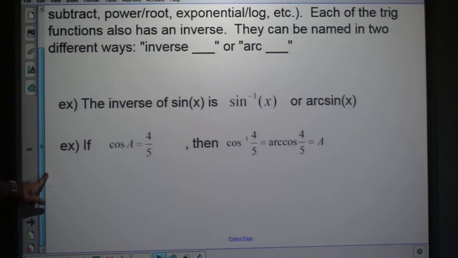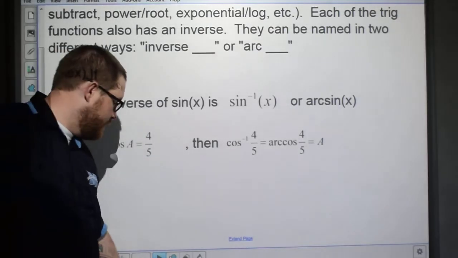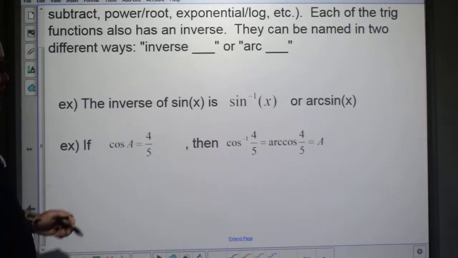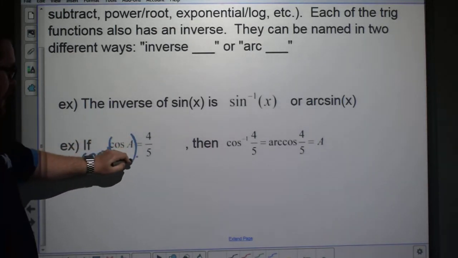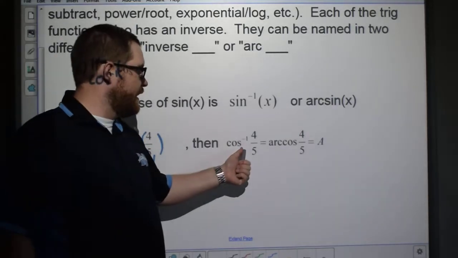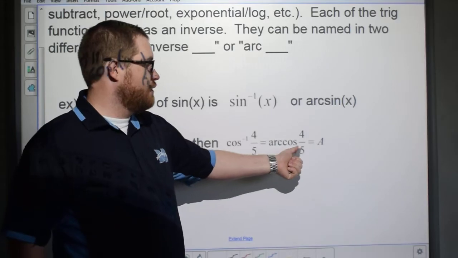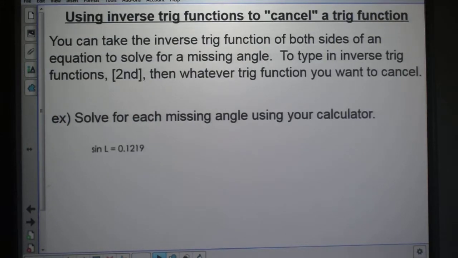So here's the relationship. If the cosine of an angle is 4/5, the way you get rid of cosine is you do cosine inverse of both sides. So cosine inverse, or I could write arc cosine, equals the angle that I'm missing. We can do it on the calculator.